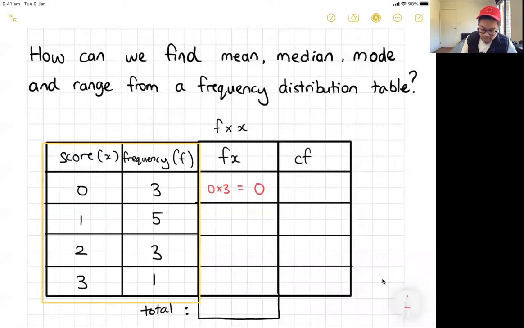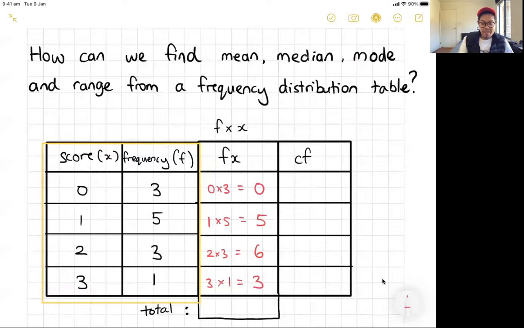For this one here, my score is 1 and my frequency is 5, so I've got an FX of 5. Same here, 2 times 3 gives me 6. And then I have a 3 and a 1, so 3 times 1 gives me 3.